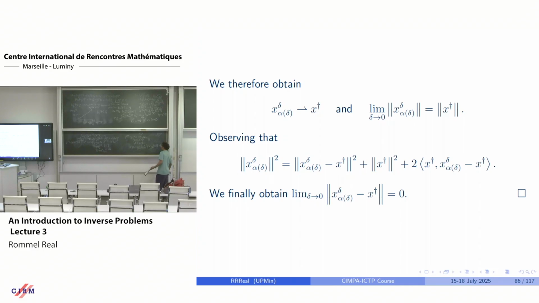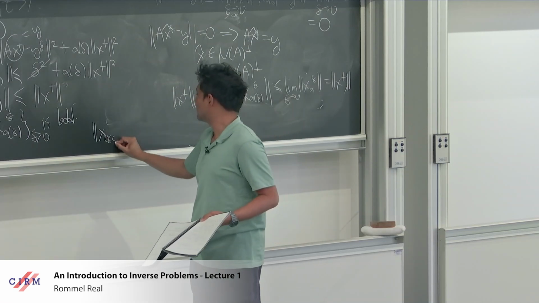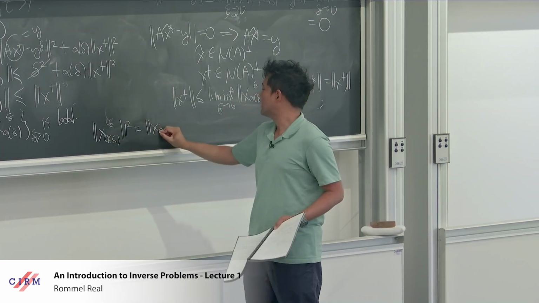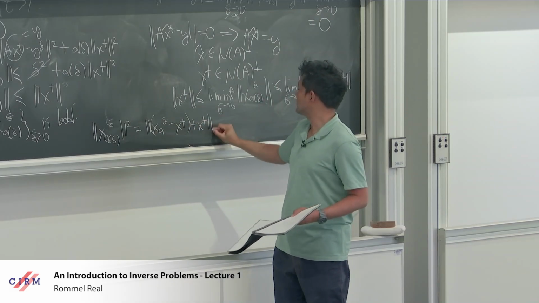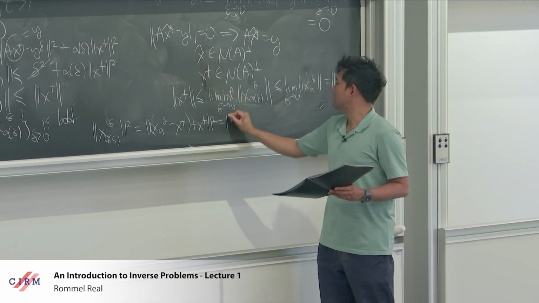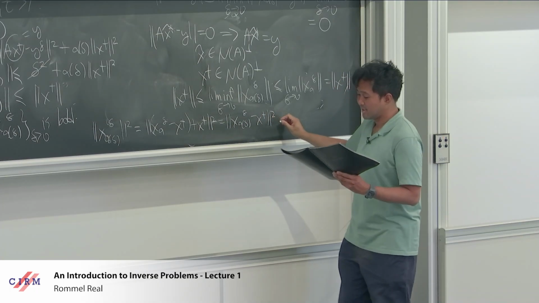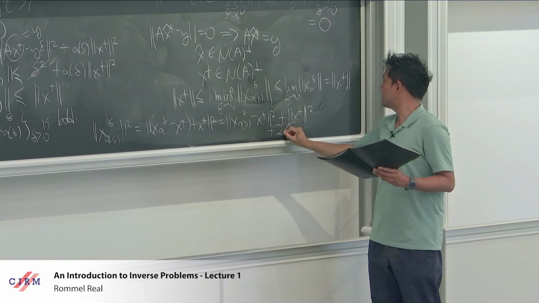From the previous, by inner products, that is equal to this one squared plus 2 times this one.